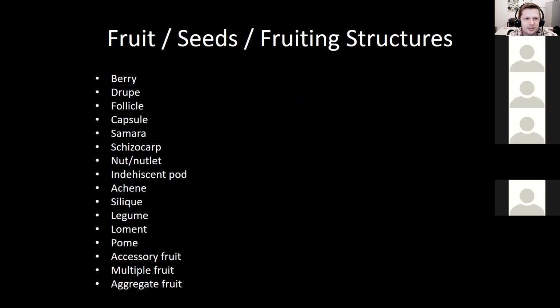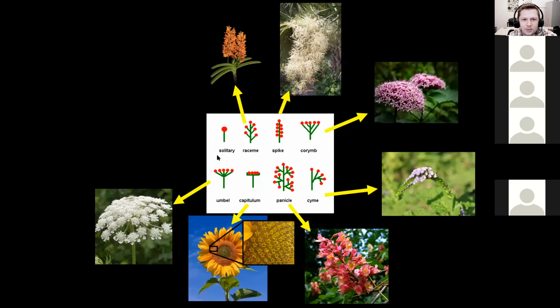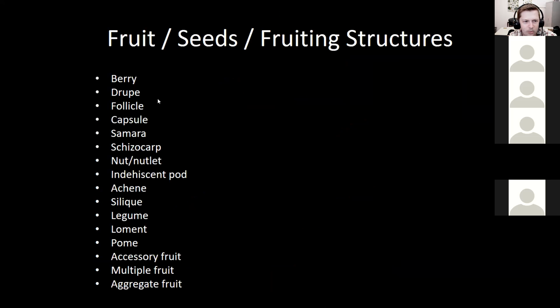All these flowers will develop into different types of fruit eventually. And I just want to point out that there are many, many types of fruit. This isn't even the full true list. But if you can familiarize yourself with what type of fruit, and the fruit is visible, that can help out big time in terms of narrowing down what you're looking at.